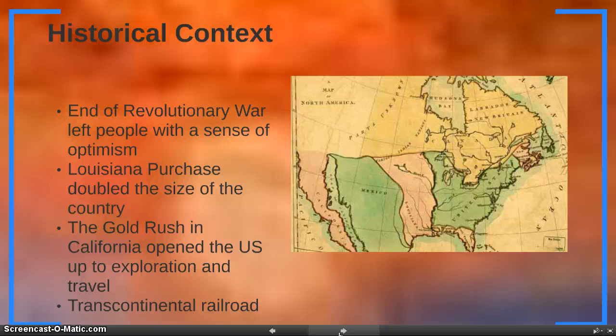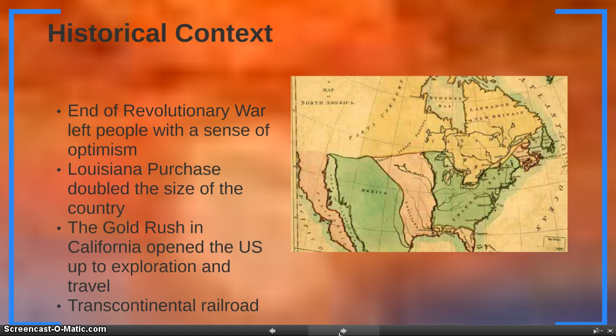So now, not only do you have the Gold Rush, you have the start of the Transcontinental Railroad, and the imagination of people began to run wild, and the idea of the frontier and the unexplored wilderness began to be really exciting. What can we as Americans accomplish with all this great space, all this great land? What can we find?